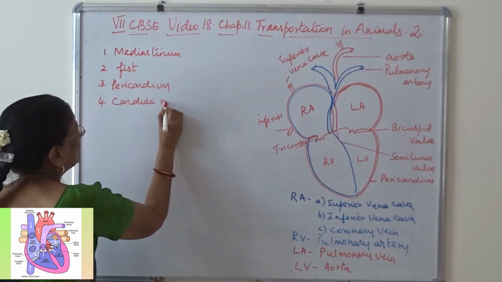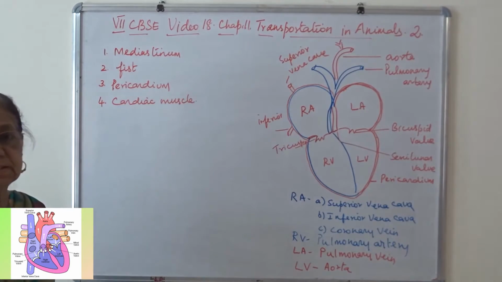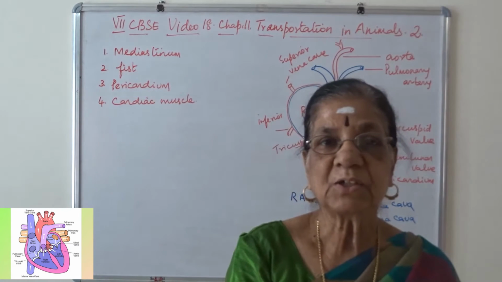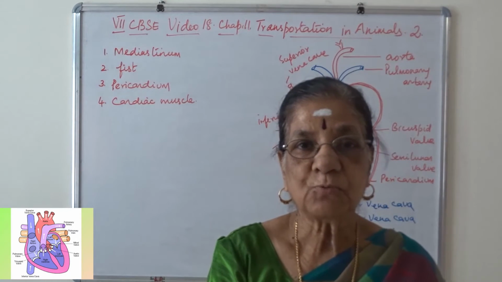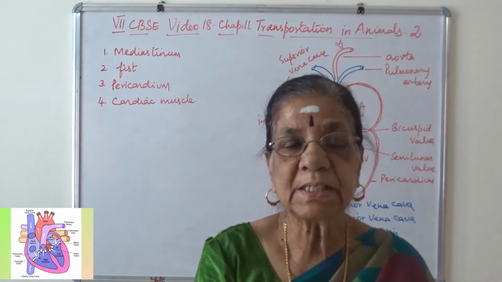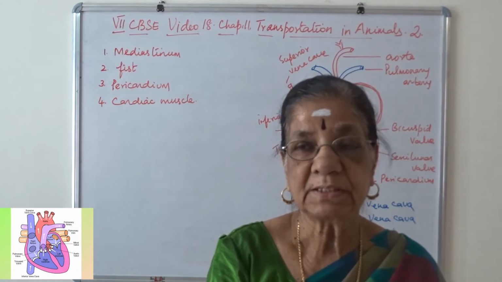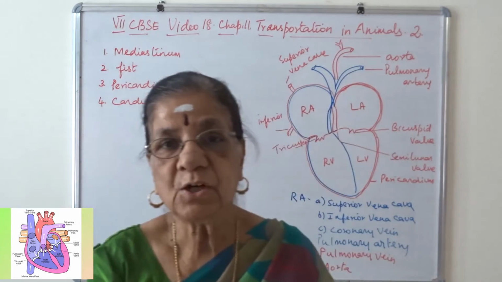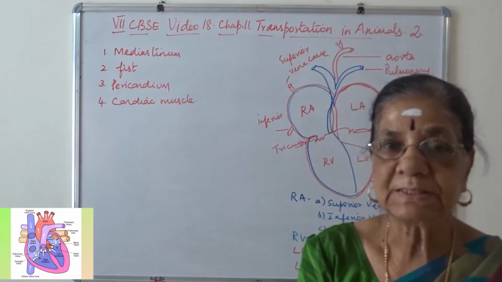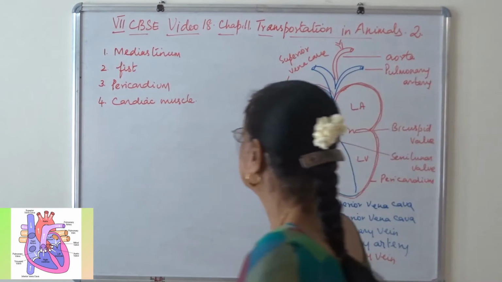The heart is formed of cardiac muscle. It is an involuntary muscle, not under the control of our willpower, and it is capable of initiating the heartbeat. The rhythmic activity of the heartbeat is initiated by the heart muscle called cardiac muscle.